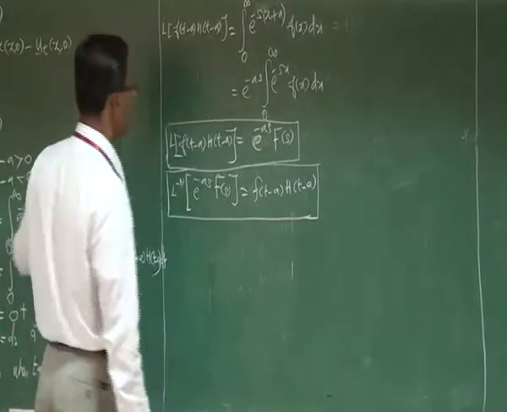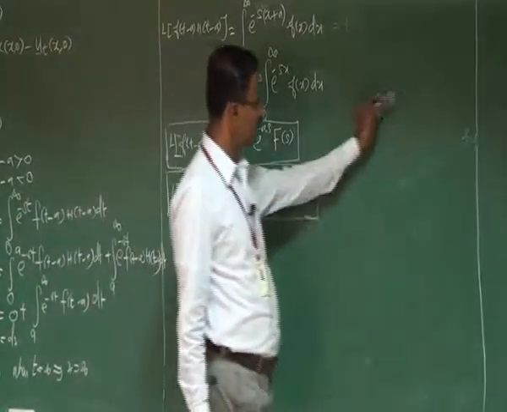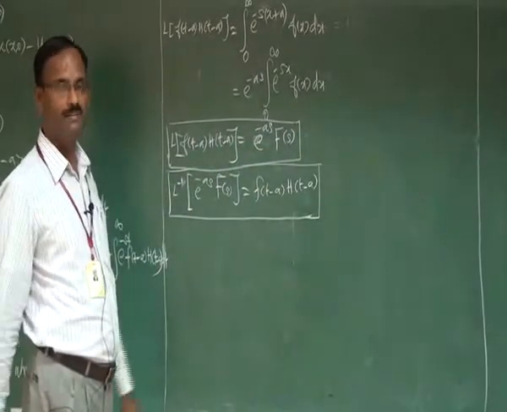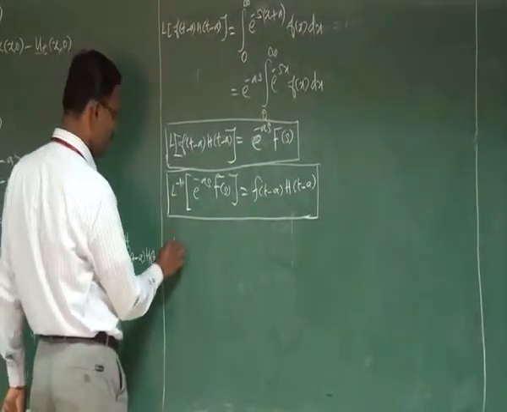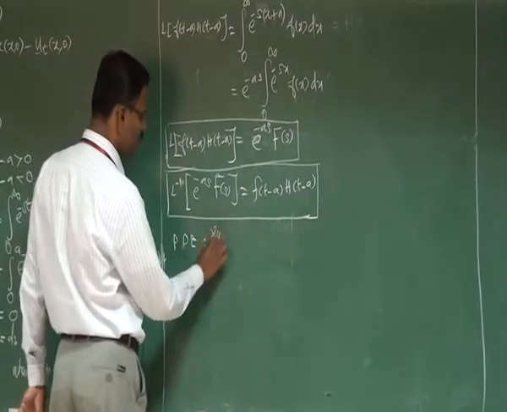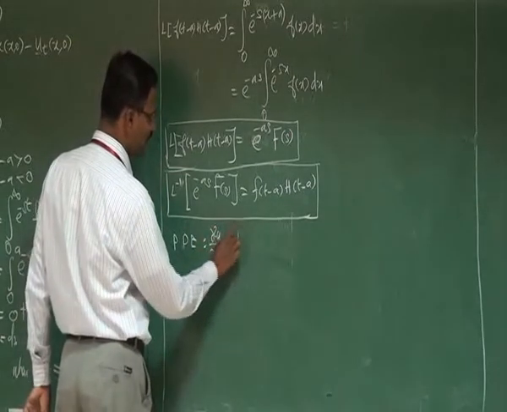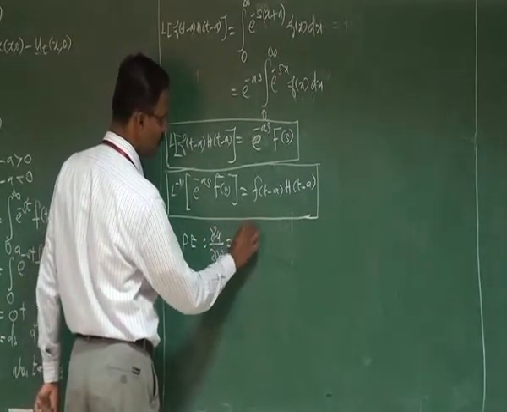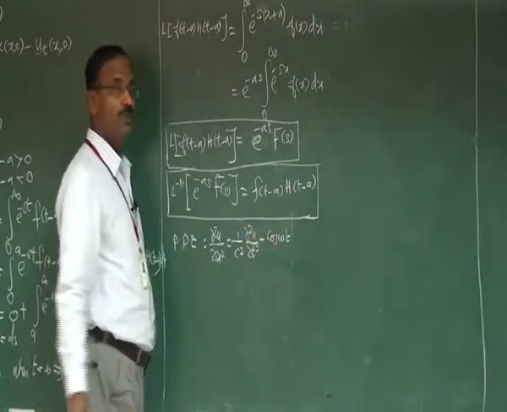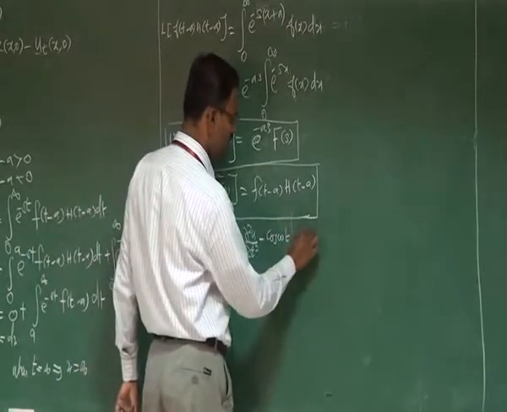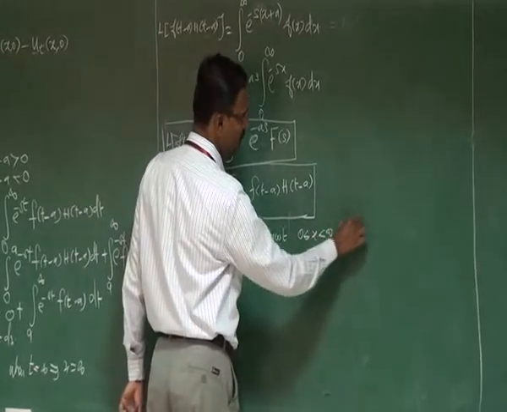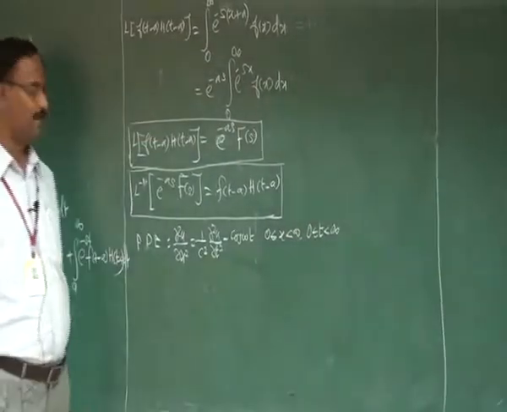So, now I am going to solve the one-dimensional wave equation problem by using the Laplace transform method. Now, the one-dimensional wave equation is defined as dou square u by dou x square is equal to 1 by c square into dou square u by dou t square minus cos omega t, where 0 is less than or equal to x less than infinity, 0 is less than or equal to t less than infinity.